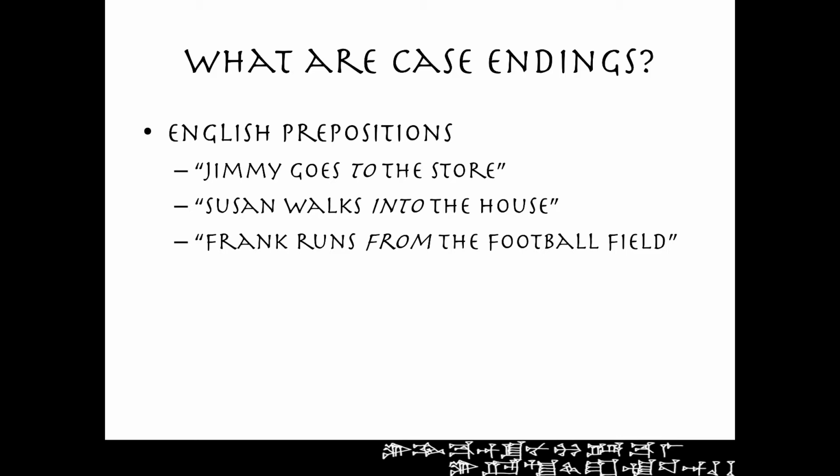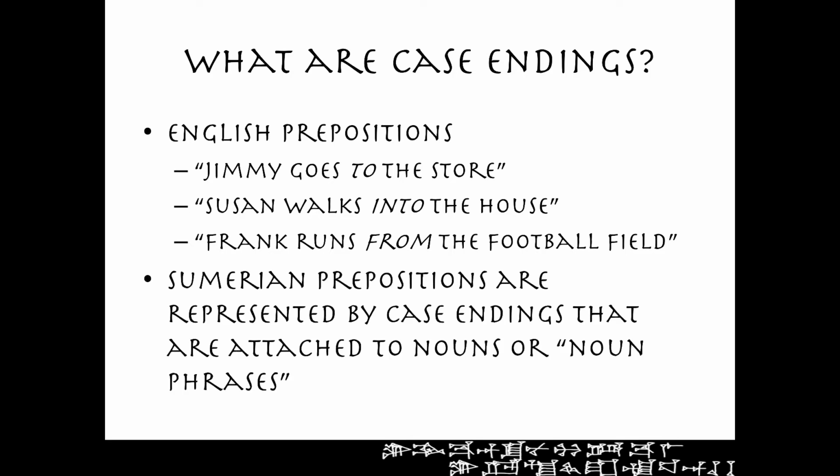Susan walks into the house. So into is the preposition. It's telling you that Susan is moving from outside of the house into the midst of the house. Frank runs from the football field. So again, it's talking about the relationship between Frank and the football field spatially. So from is the preposition.